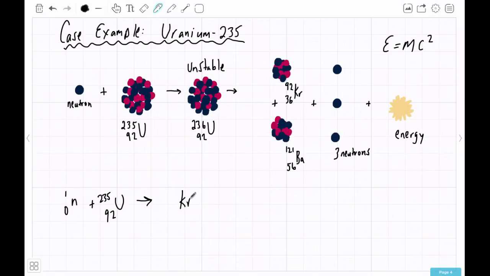So krypton 92, and its atomic number is 36, plus barium 121, with atomic number 56, plus this time we're going to have 3 as a coefficient, and then we'll show our neutrons there. And it's always good to say the energy is there as well.